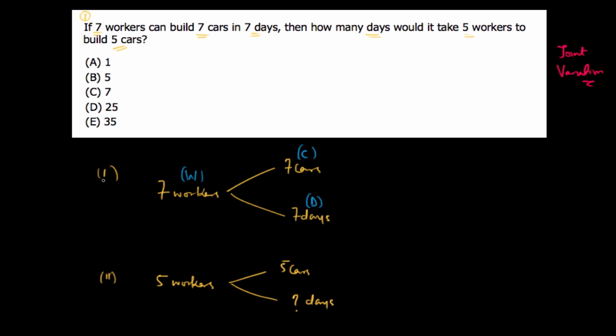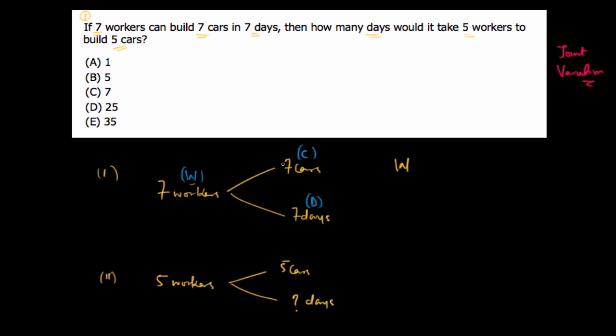From the very first statement you need to establish a relationship between the variables listed above, W, C and D. The first variable is workers, so what is the relationship between the workers and the cars? The higher the number of workers, the higher the number of cars produced, and the lower the number of workers, the lower the number of cars.